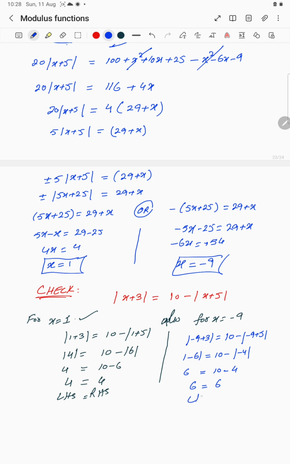Yes, so another solution for the given function is x equal to minus 9. Final solutions are x equal to 1 and x equal to minus 9. I hope it is clear.